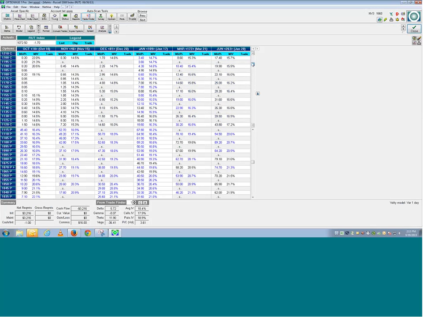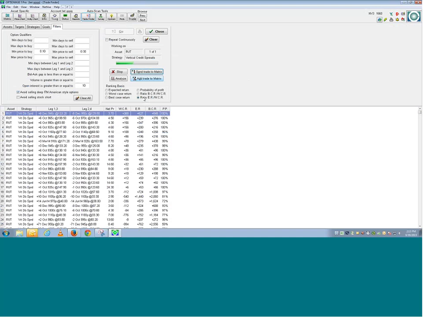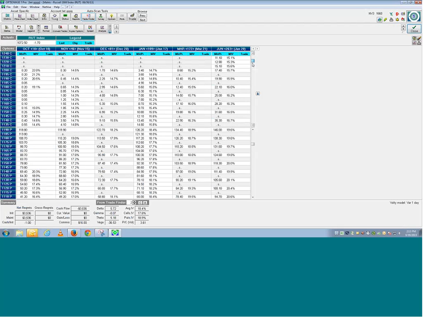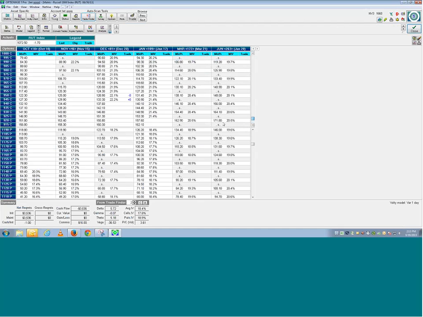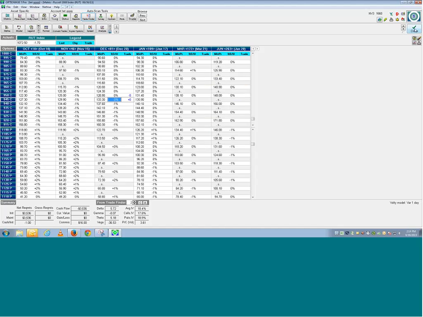Where is it? Send trade to matrix. Oh, deep in the money. It found these deep in the money options to tee off on.